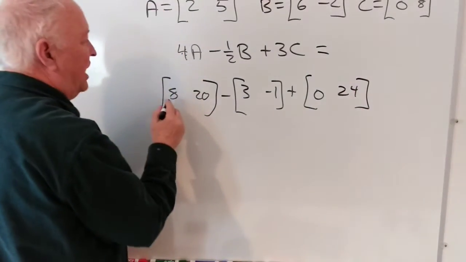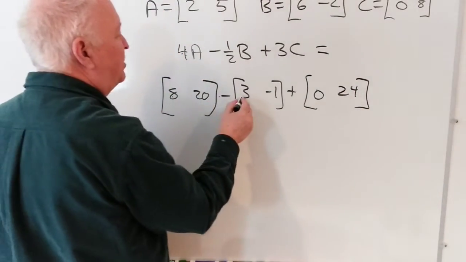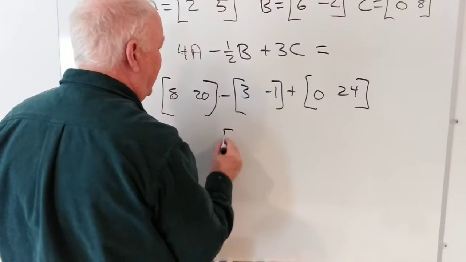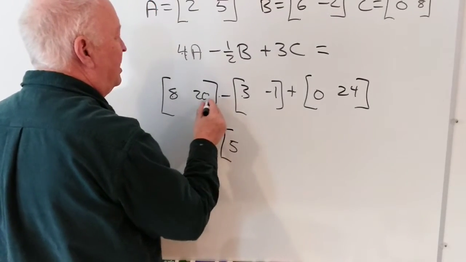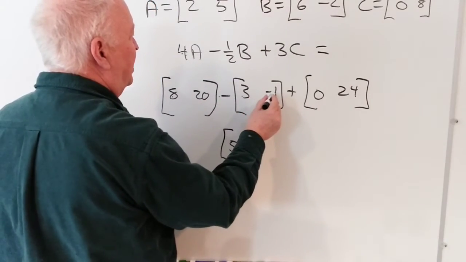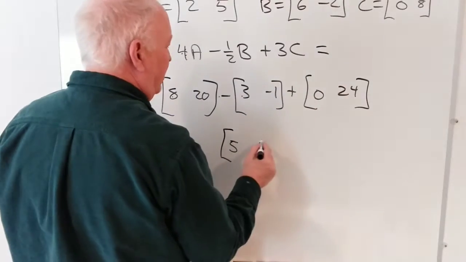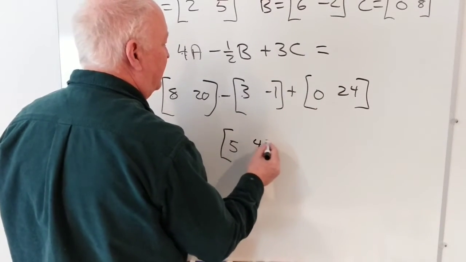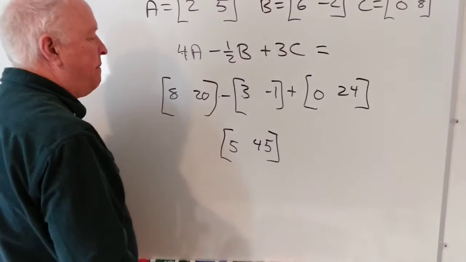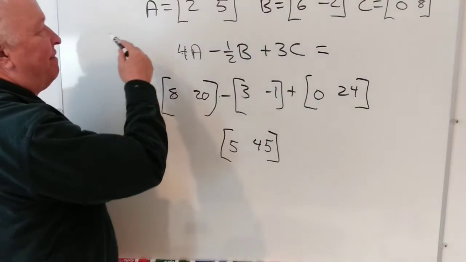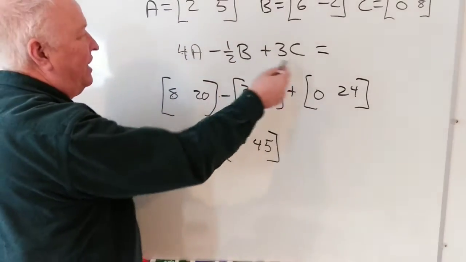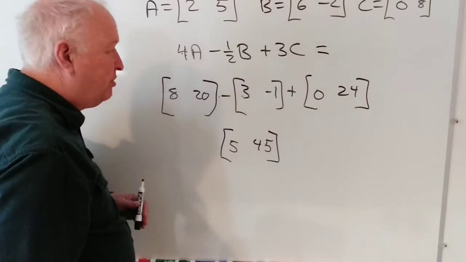Now we add them together. 8 minus 3 is 5, plus 0 is 5. 20 minus a negative 1 is 21, plus 24 gives me 45. And that's how we can calculate expressions built on matrices.